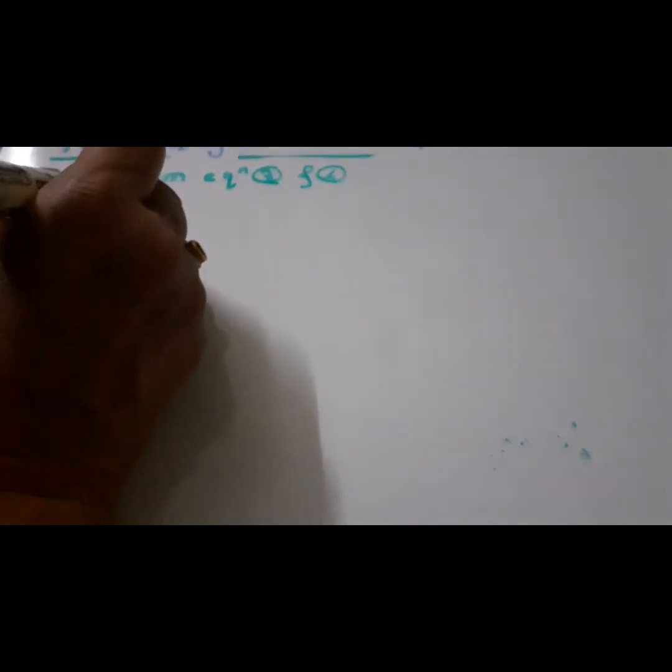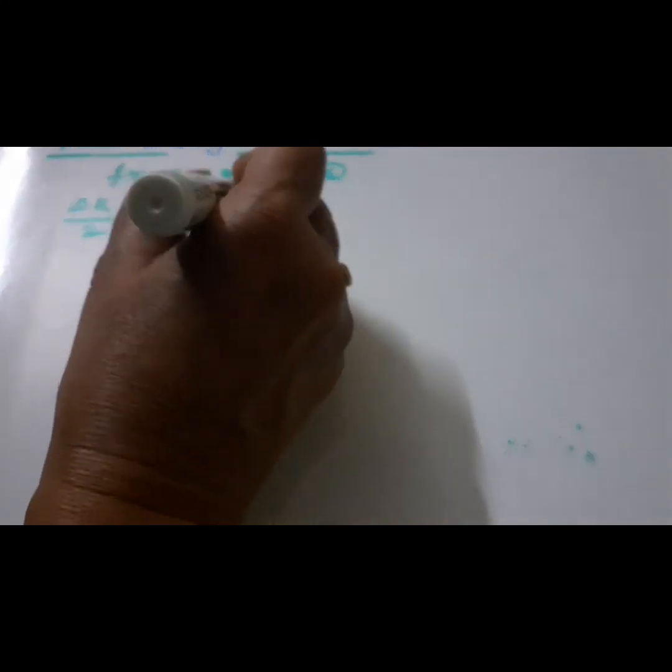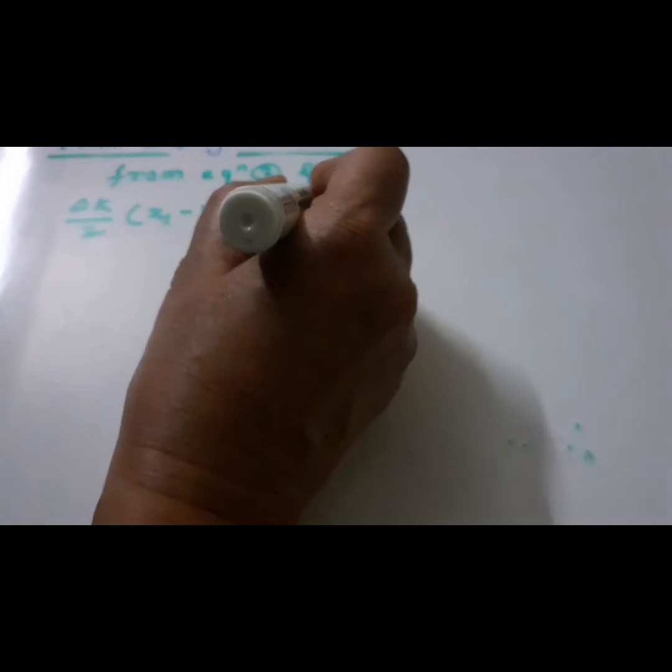From equations 3 and 4, we can write delta k divided by 2 into (x1 minus x2) is equal to pi. Why pi? Because the 2n plus 1 and 2n plus 3, pi by 2 get cancelled, and so only pi is remaining.